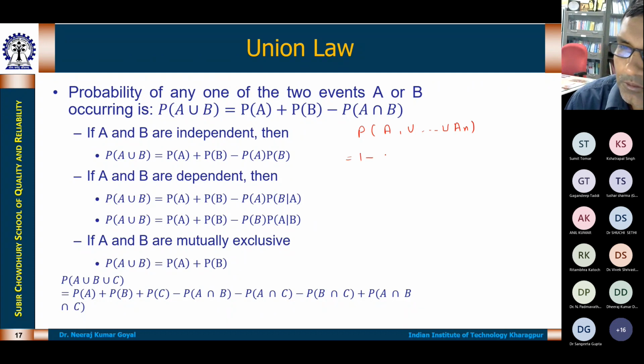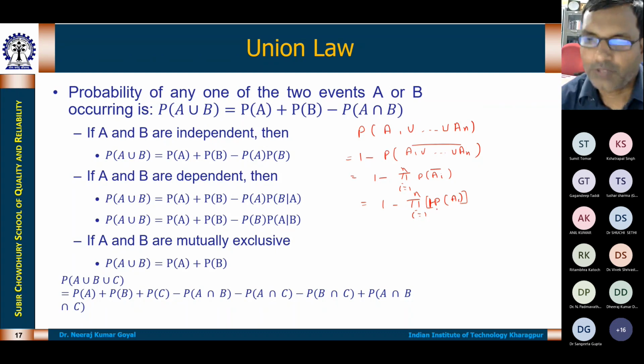I'll calculate it as 1 minus the probability of the complement of these events, or 1 minus the product for i equal to 1 to n of probability of A i bar, which I can calculate as the product of 1 minus probability of A i.